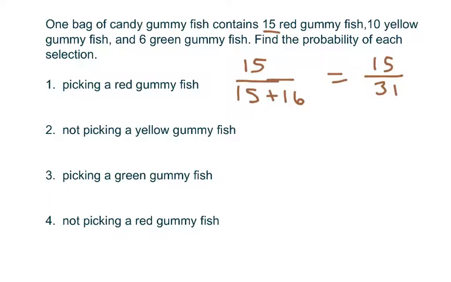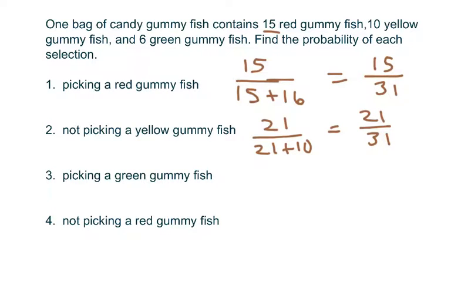Now, not picking a yellow. What you can do is put everything on the top, so we could just say not yellow is the red and the green, which would be 21 over 21 plus 10, which is 21 over 31. So that's your probability.